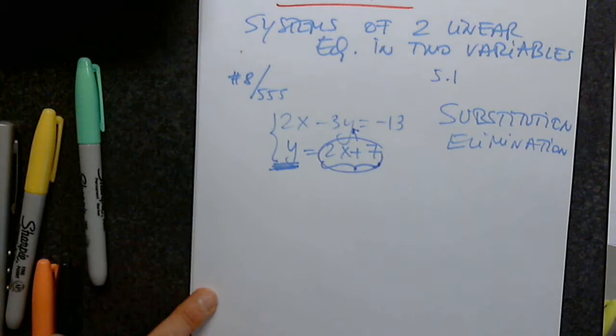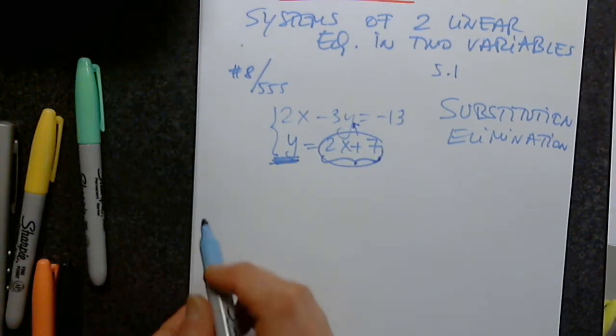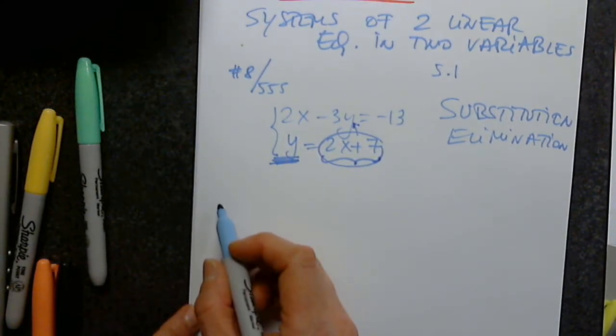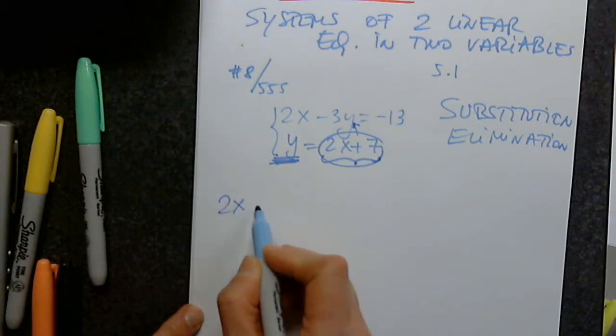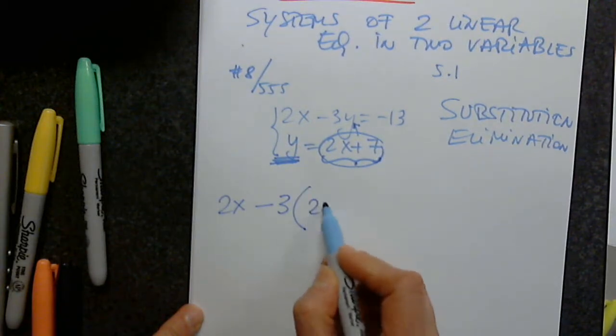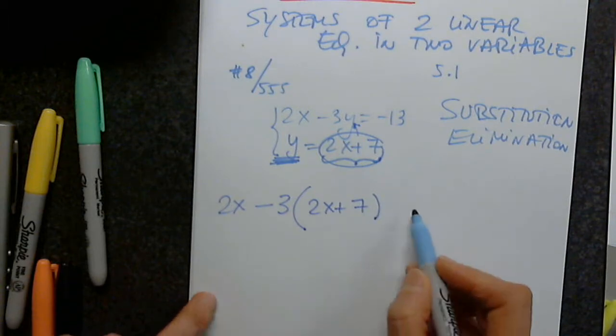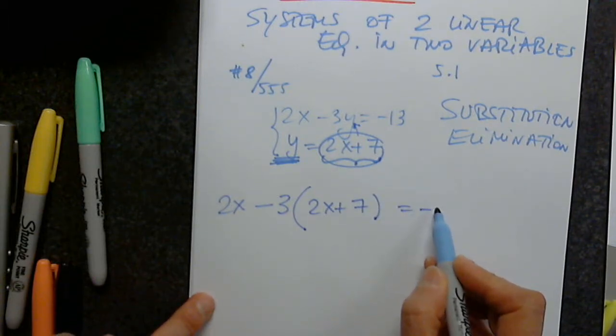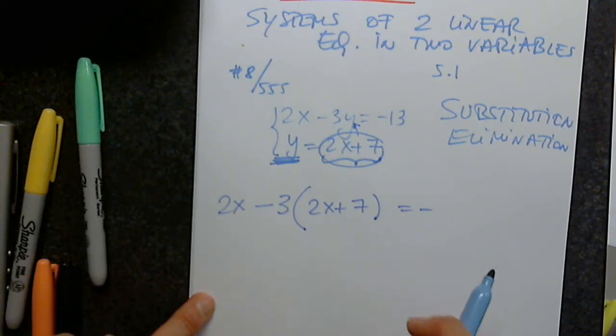So can anyone dictate the first equation, so I make sure that everything is clear? 2x minus, in parentheses, 2x plus 7 equals negative 13. We'll go back to decay.